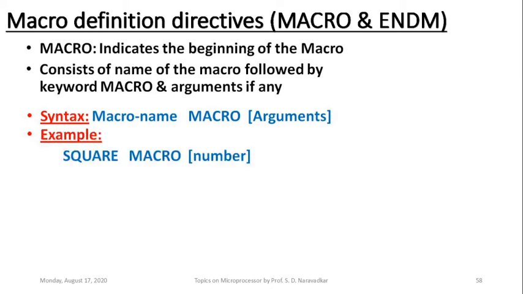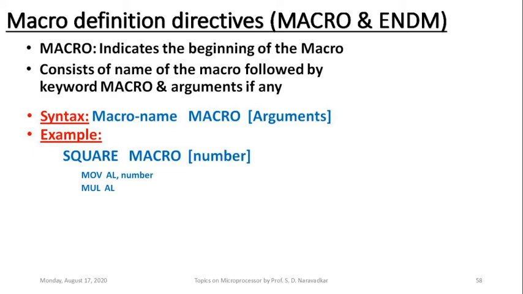Now here is the example. Square is the name of that corresponding macro. MACRO means that this is the beginning of that macro definition, and then inside brackets, that number whose square is to be formed is basically an argument, an input parameter. Then in order to calculate that square of that given number, a small program has been written inside.